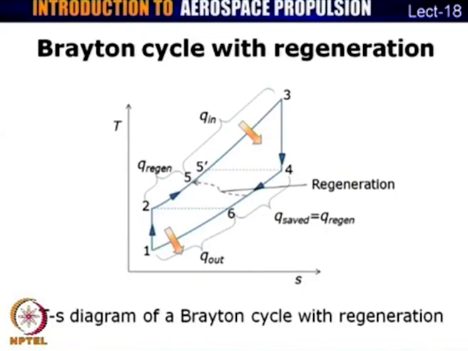Now, this was the basic Brayton cycle we had discussed on TS coordinates, process starting from state 1. Process 1 2 is an isentropic compression process, process 2 3 is constant pressure heat addition, process 3 4 is isentropic expansion, and process 4 1 is constant pressure heat rejection.